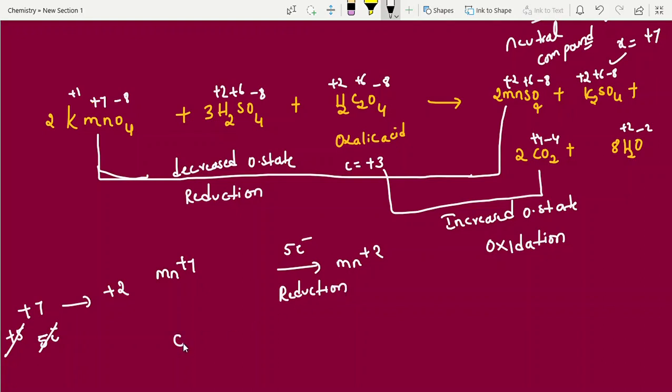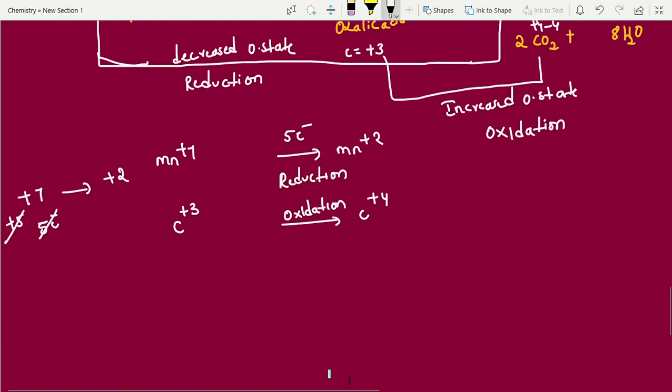Next to carbon +3 to, yes, tell me, +4. What we call it as oxidation. Clear? That's it. Next, another important point I am writing here. Most of the students are confusing.